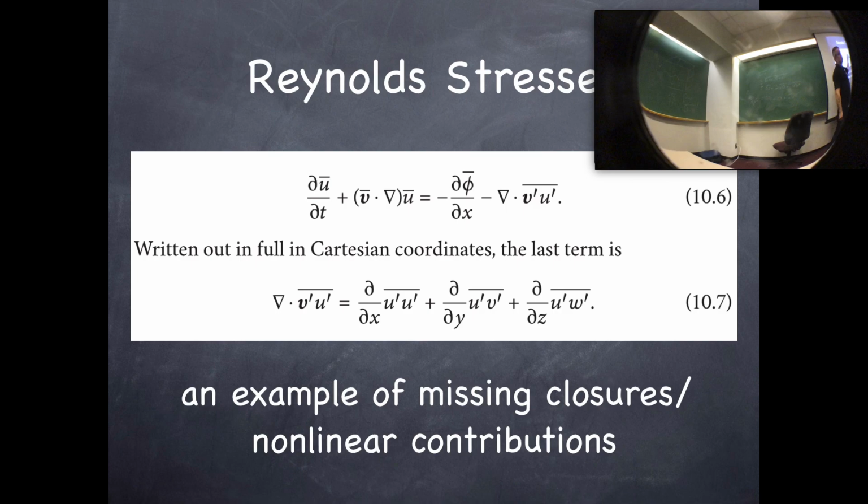And so this thing is a divergence of something, where each component has a velocity from this part and a component of the velocity from this part. So this is the amount of momentum transported in the turbulence by the turbulence.